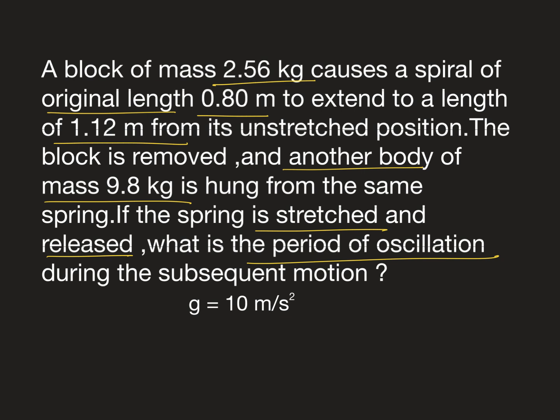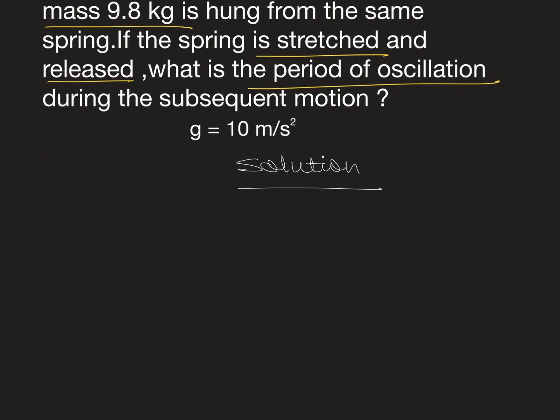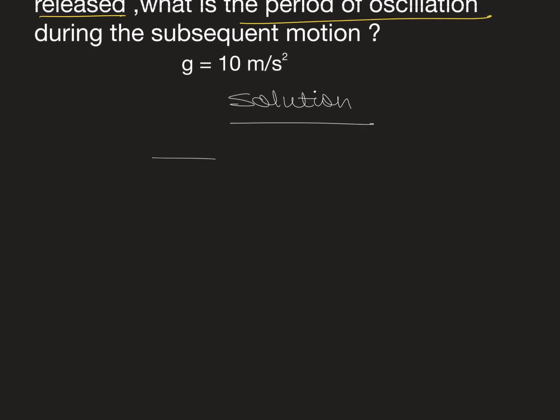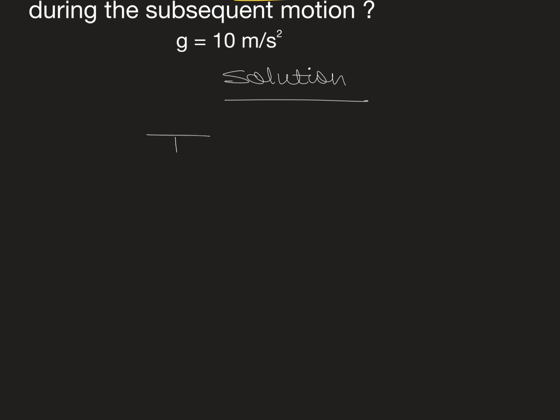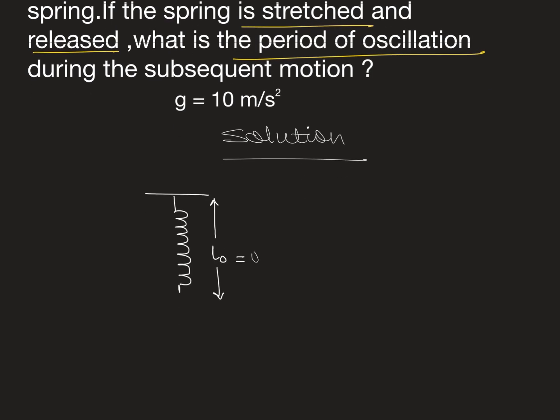So let's try to break down this information that we have here. Solution. We have a spring-mass system here. Let's say this is the spring. The original length L0 of the spring is given as 0.80 meters.